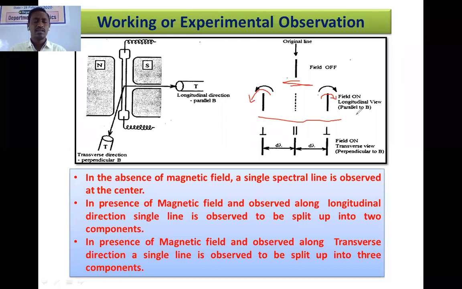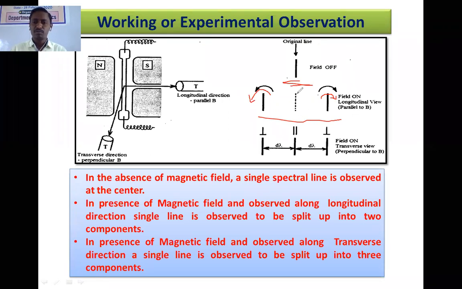As we know, there are three kinds of polarization of light: plane polarization, circular polarization, and elliptical polarization. Here, the two component lines obtained in the longitudinal view are circularly polarized in opposite directions, and the central component is absent.